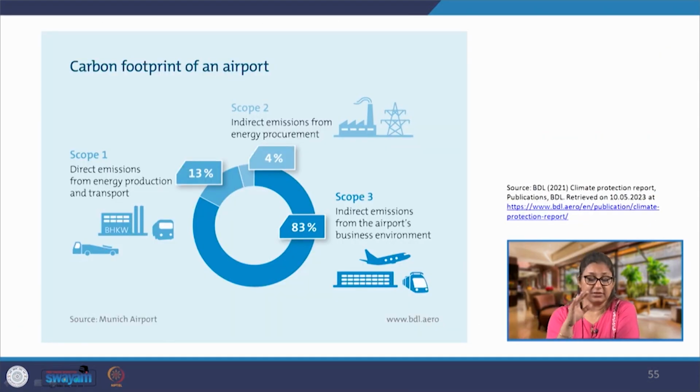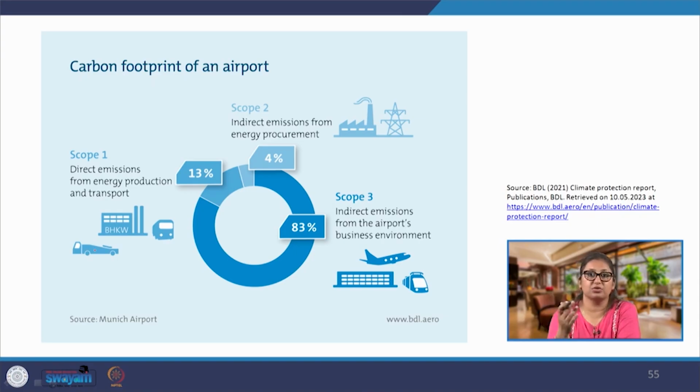This is another very interesting example, which is the carbon footprint of an airport. Now, here if you see, scope 1 emissions are from direct energy production and transport, if there is energy production at the site itself, and then the transport. So, airports have a lot of transportation that is happening on the ground for managing all the activities there.